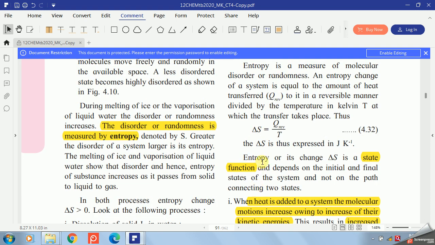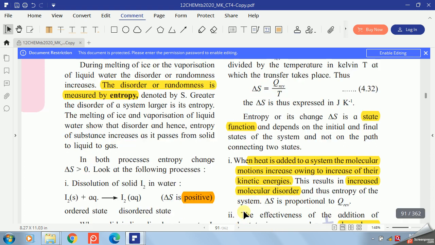Then entropy, or its change, depends on the initial value and final value. So it is a state function. Like internal energy and enthalpy, entropy is also a state function. When heat is added to your system, the molecular motion increases, increasing their kinetic energy. If molecular motion increases, kinetic energy also increases, and this results in an increase in molecular disorder.